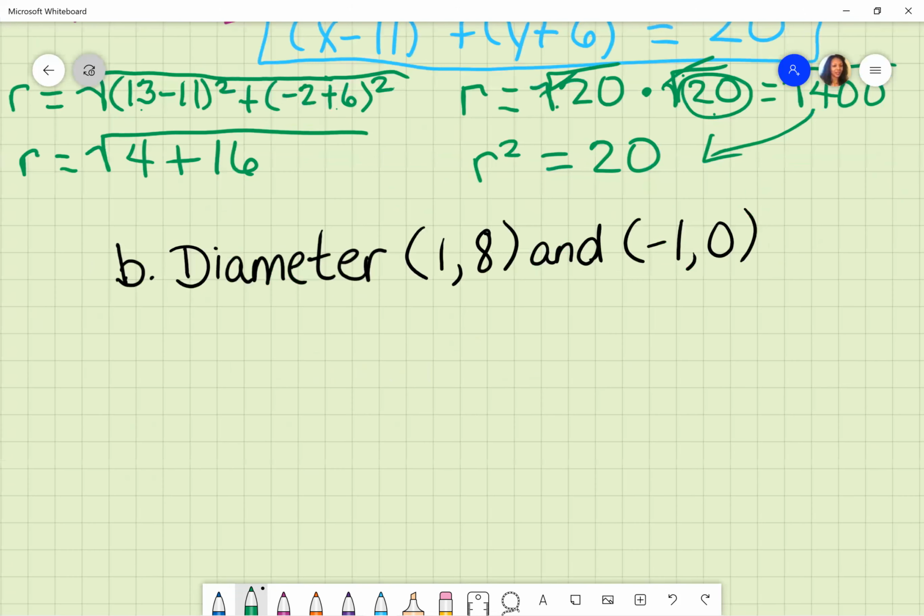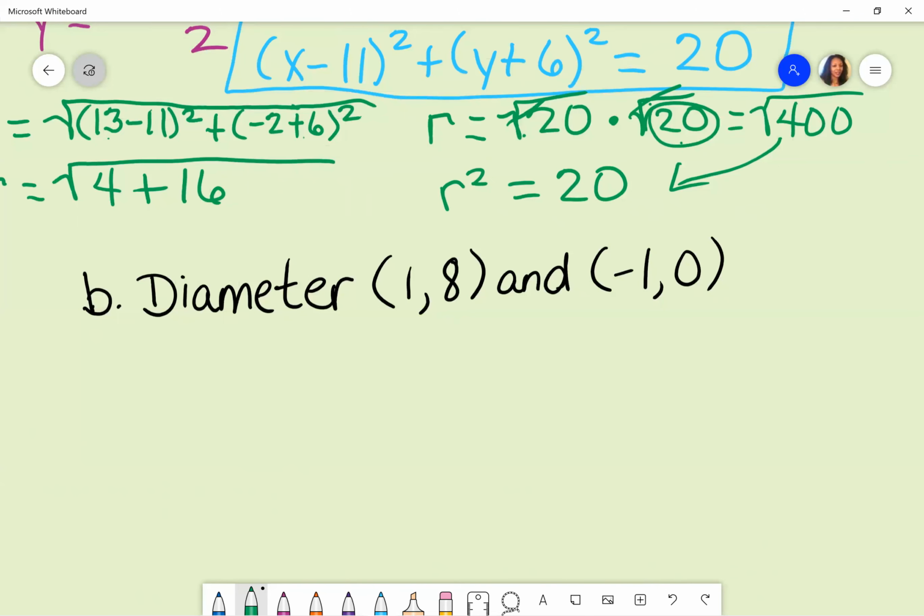And lastly, let's do the exact same thing. This time, again, we're given a diameter. We can choose any one we want, but the first thing we want to do is the midpoint formula, which tells us to take the average of our x values. Let's label it so that might help somebody: x sub 1, y sub 1, and then this is x sub 2, y sub 2. Take my x's, add them, and divide by 2.